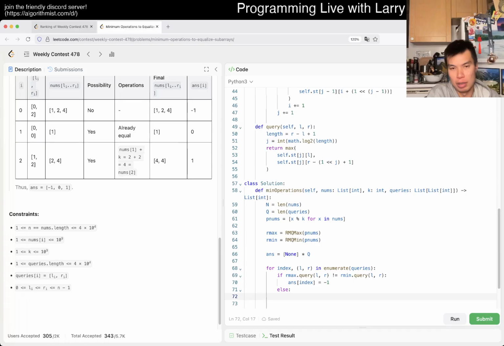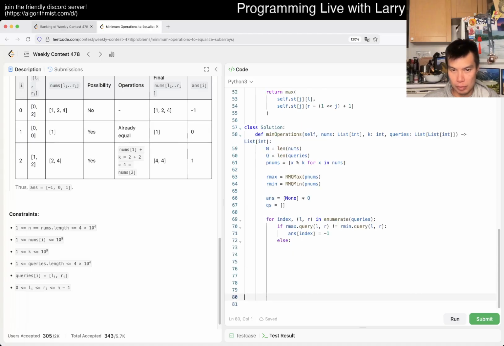So left, right, and index. What do we sort by again on Mo's? We sort by the block. Okay, yeah, you have to do a block thing. That's right. It's slowly coming back to me.